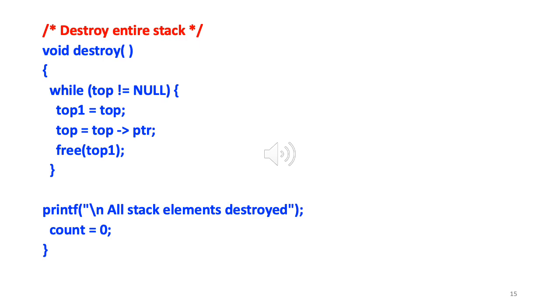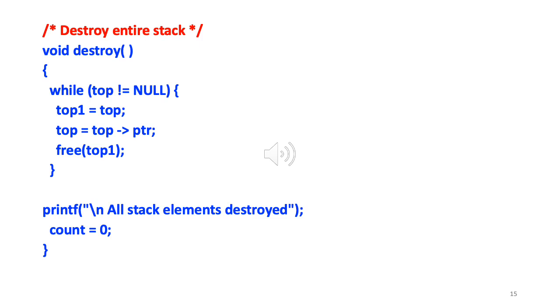Every time before we delete the current top node, we check the value of top. If top has a memory address, which means that it is non-null, we go ahead with the deletion of the top node. Eventually, if top contains null, then we stop deleting.